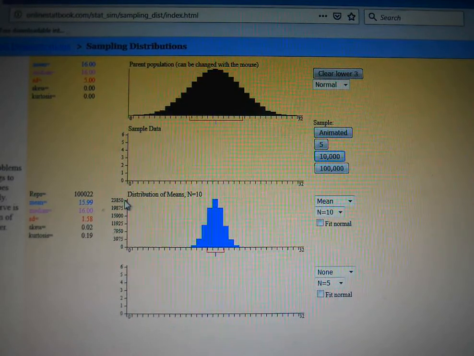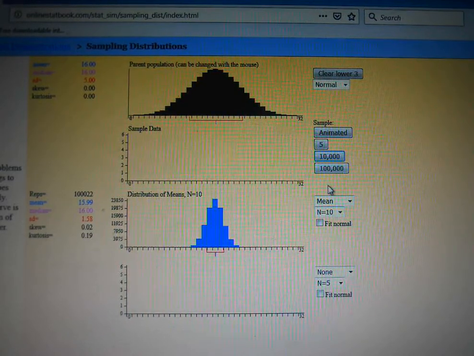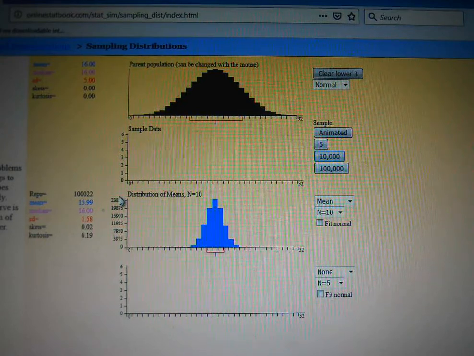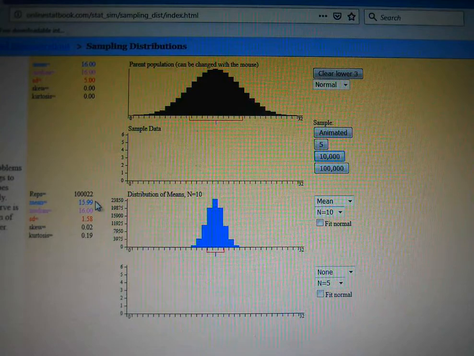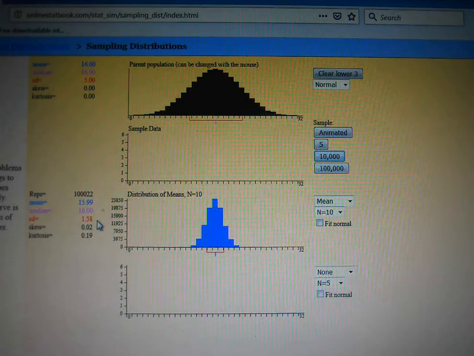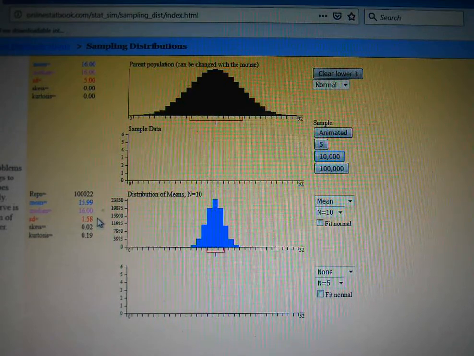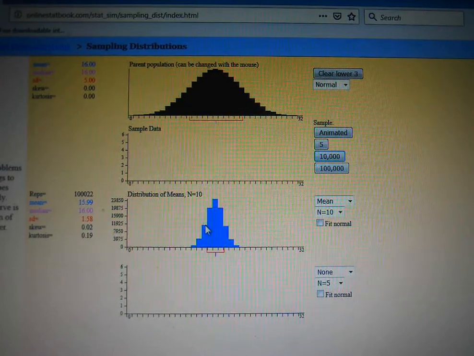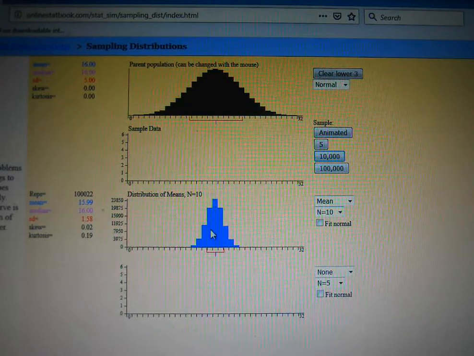The frequency is changing as I go, but the shape is staying the same. And what you might notice is the mean is still right about 16, but the standard deviation now is down to 1.58. So now that standard deviation is even smaller than it was for samples of size 2. Okay, so this sampling distribution of sample means is more narrow than the original distribution.